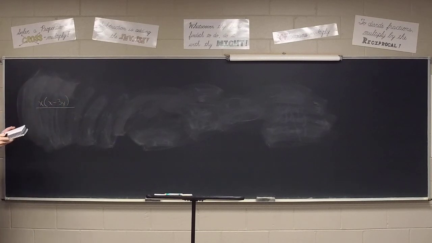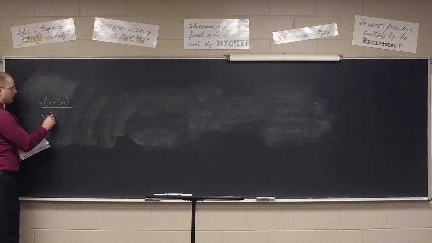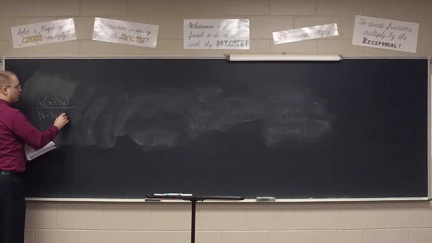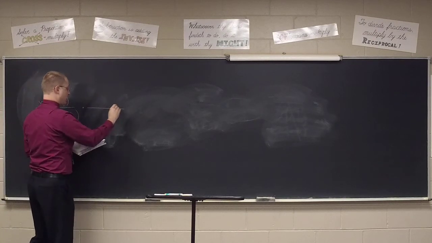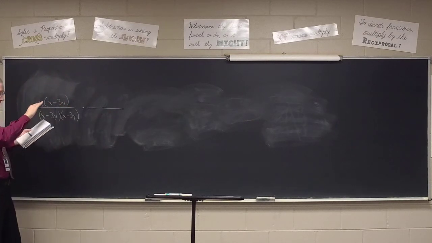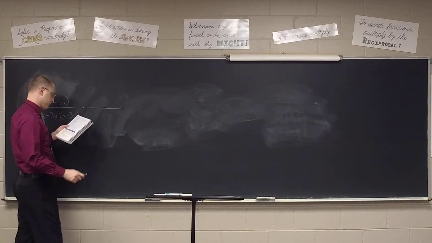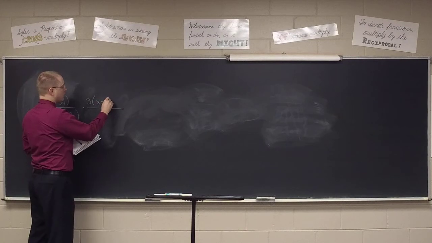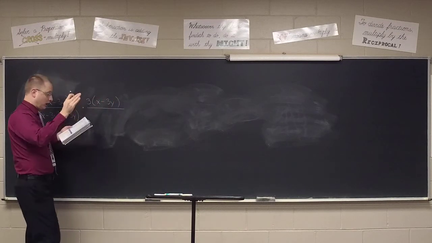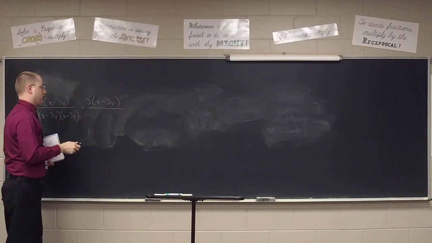That first denominator, Noah, x minus 3y times x minus 3y. Then it says multiply, so I'm going to put my multiplication, another fraction bar, but I'm not going to write down 3x minus 9y, Brecken. 3 times x minus 3y. Nor, Maddie, will I write down x squared minus 9y squared.